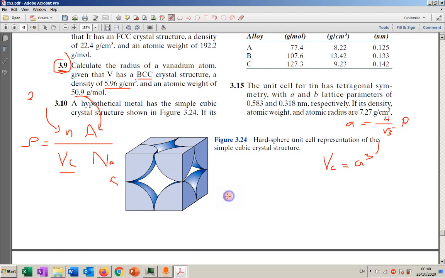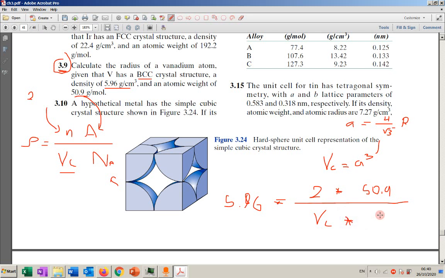Density is 5.96, in units of gram per centimeter cube. Then n is 2 atoms. Atomic weight is 50.9 gram per mole. And at the bottom I want to calculate Vc.